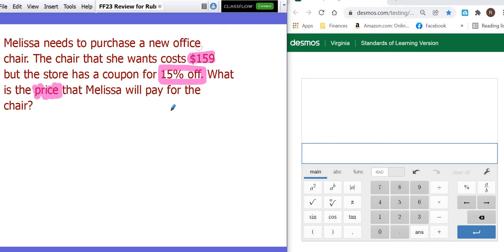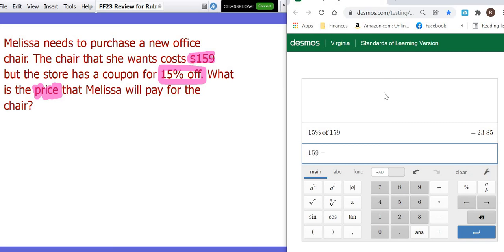So we're going to get a discount, and we want to know how much that discounted price is going to be. So let's start with the 15%. Then we're going to put in how much the money is. So she's going to get a $23.85 discount, but that's not what they're asking for. They're asking for the final price.